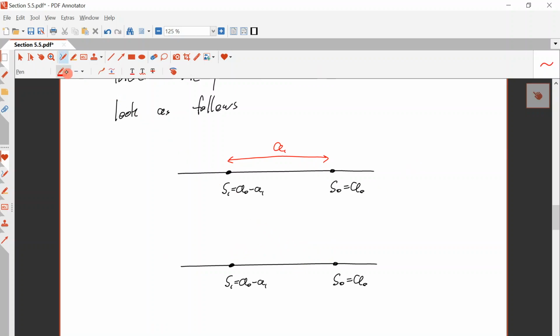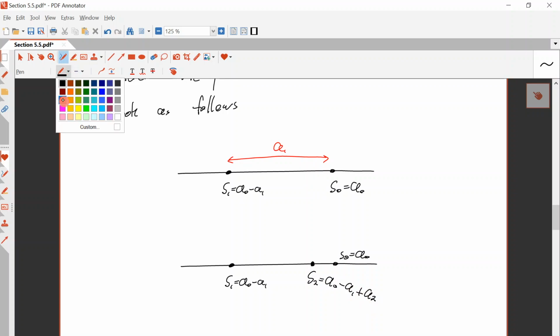So the next partial sum, S2, is A0 minus A1 plus A2. Now where is that? Well, it must be here. This is S2, A0 minus A1 plus A2.